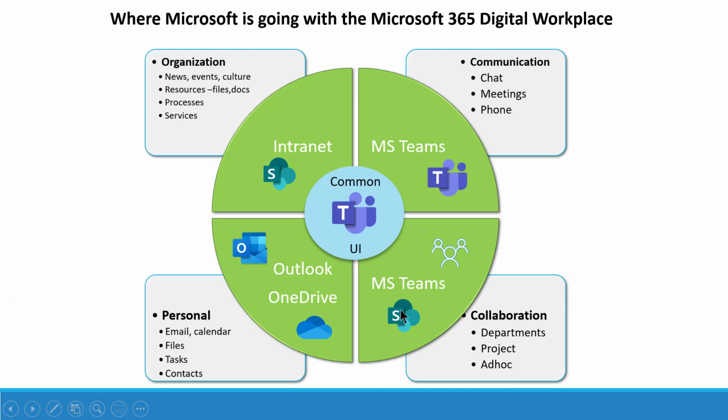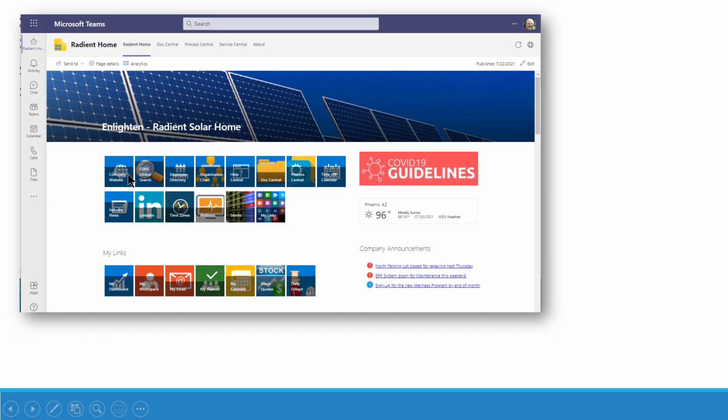And as you can see, SharePoint is kind of spread through here, but is one component of the overall 365 digital workplace. So if we take a look at it, what you can do now in Teams, for instance, our homepage, the intranet, is actually part of Teams, and you can have an icon up here that takes you to the homepage from within Teams. And you can do your Doc Central, Process Central, those types of things, all right within Teams and not have to get out of Teams and go into SharePoint.